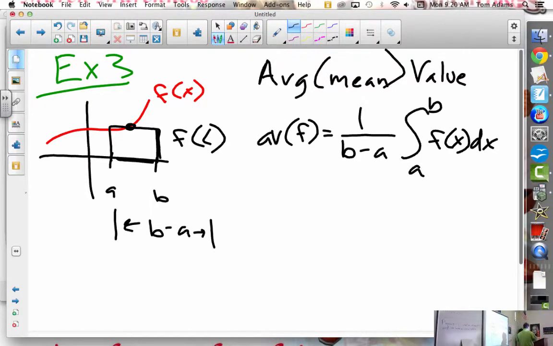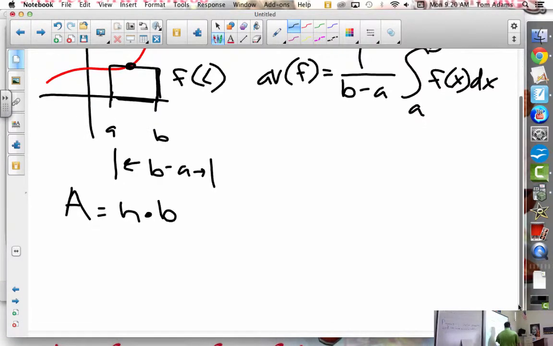Now what this is doing is the area under the curve, the area of this rectangle. Here's where it comes from. We said that the area of this rectangle is the height times the base. And I wrote it backwards on purpose. Well, how do I get the height? The height is some value of the function f of x. It's the y term. And then my base is just delta x, right?